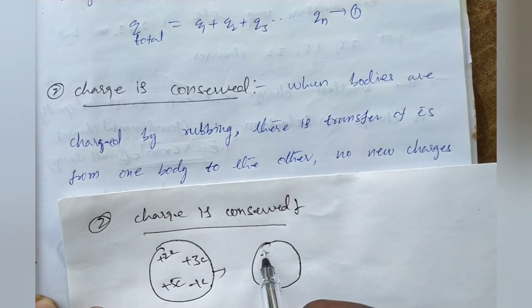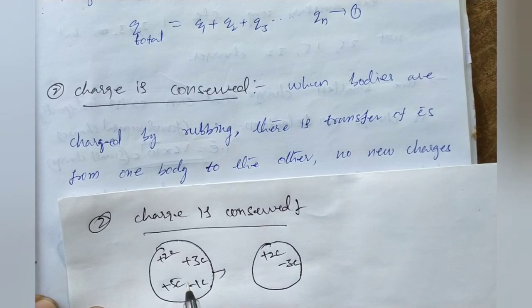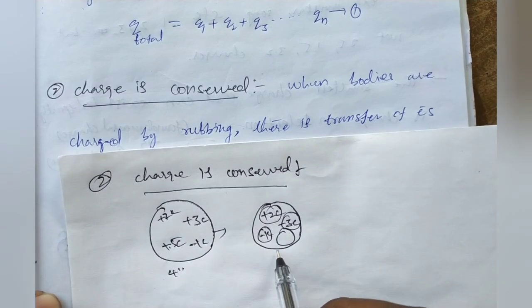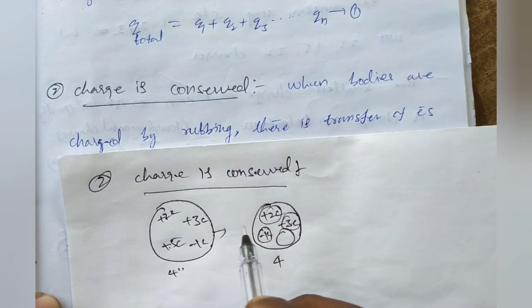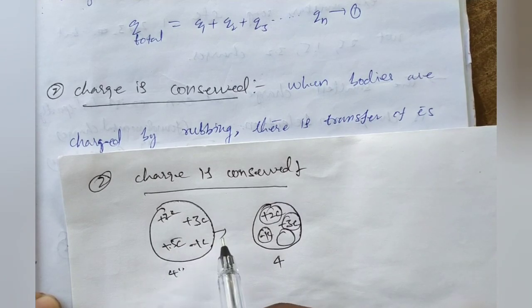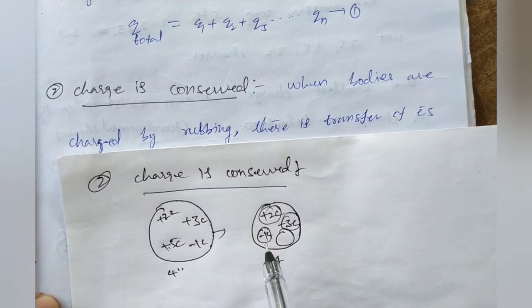Here plus 2 coulombs, minus 3 coulombs, only 4 charge carriers. 4 charge carriers here, 1, 2, 3, 4, and the remaining is minus 1 coulomb. What is the other charge? Here 4 charge carriers, there 4 charge carriers. These charge carriers can be converted into other charge carriers.